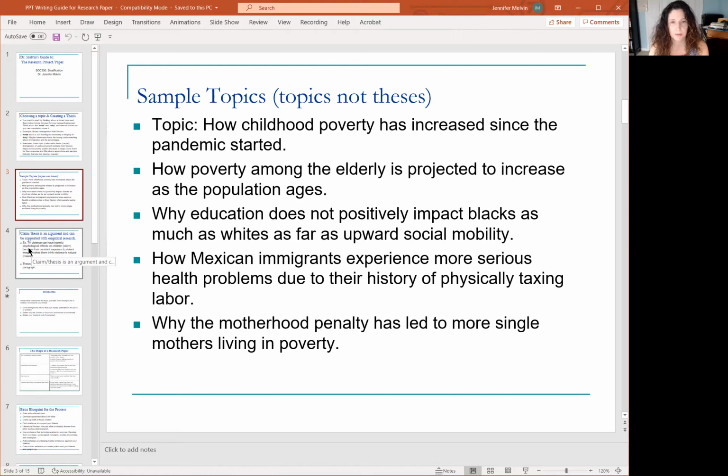And these are all people that are under the poverty level. So if that was something that you wanted to look at, how COVID is disproportionately affecting the lower classes in Hong Kong, that would be a really awesome topic. But definitely run something like that by me just so we can make sure that topic's going to work.